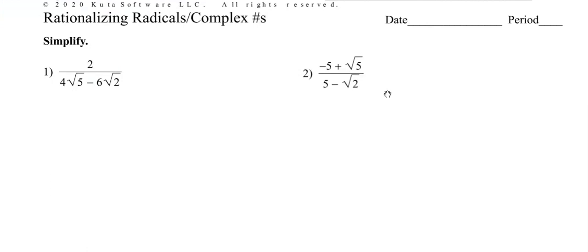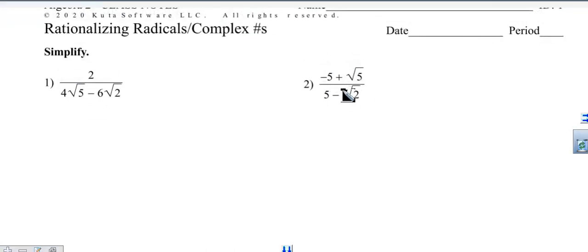In number 2, we're going to use the same exact process. The only difference is both the numerator and the denominator have binomials. Since the denominator has a radical, and I cannot have a radical in the denominator, I have to get rid of it. Since it's part of a binomial, I have to use a binomial to get rid of it, and so I will use its conjugate.